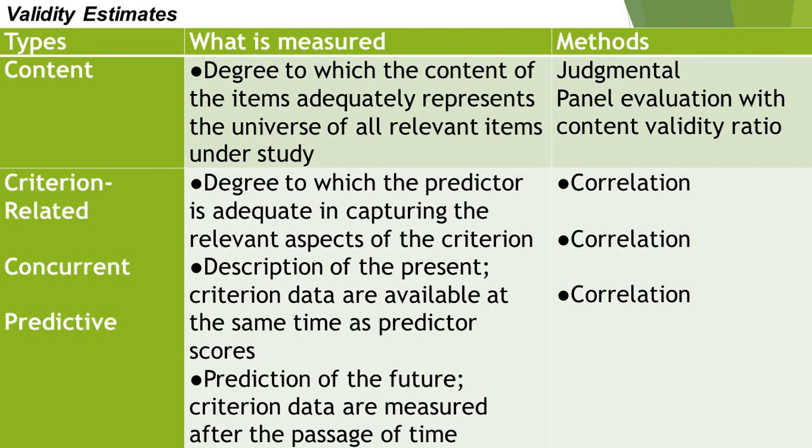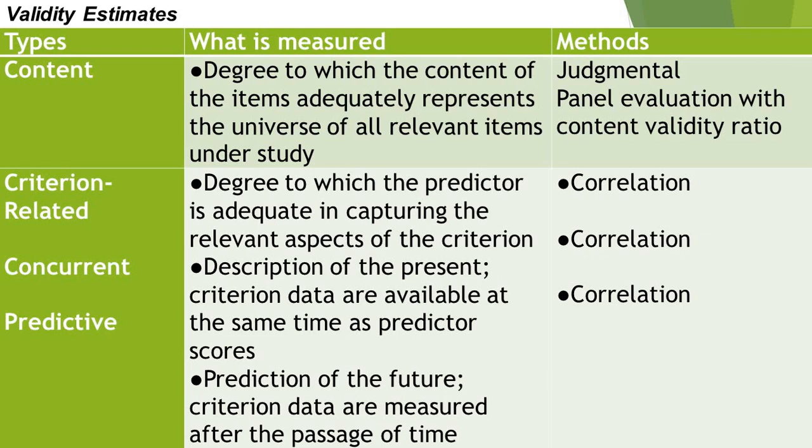So, the content validity testing, what is measured? The degree to which the content of the items adequately represents the universe of all relevant items under study. So, content validity measures that all the content is appropriate for the study.